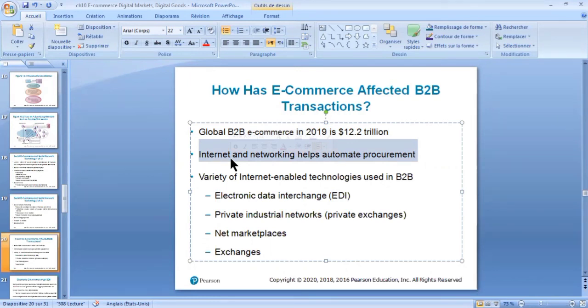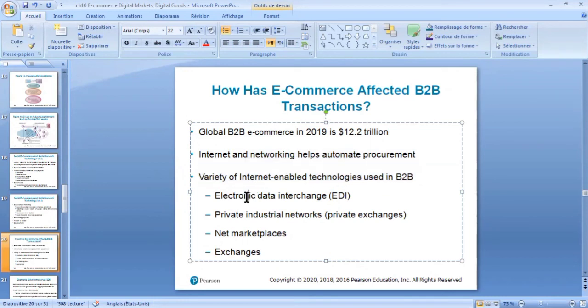Generally, for every order between two companies, B2B, there is about $100 of administrative costs. Okay, so these costs we can eliminate when we use the internet, when we try to automate the process and make it a digital process. Okay. So B2B e-commerce transactions are generally flowing through a variety of different internet-enabled mechanisms.